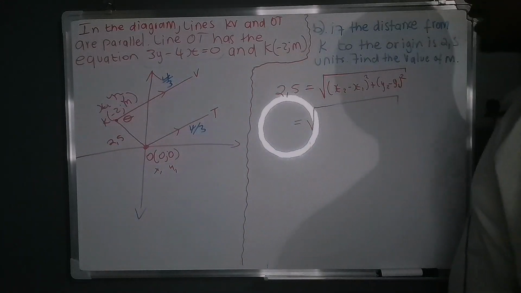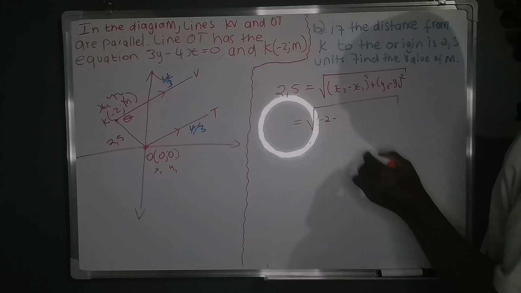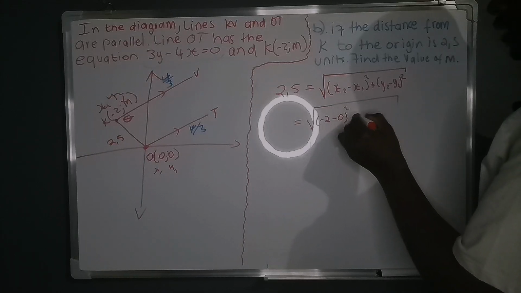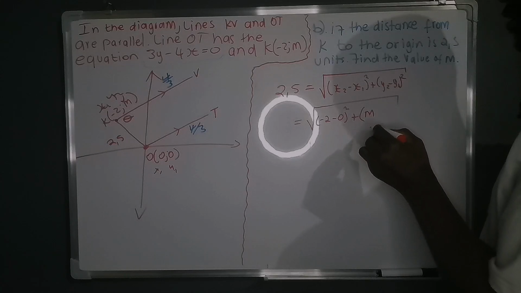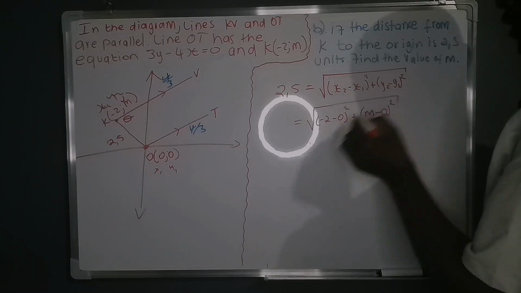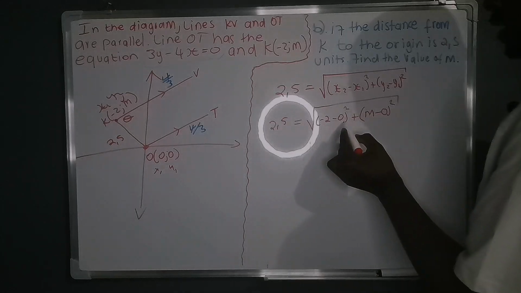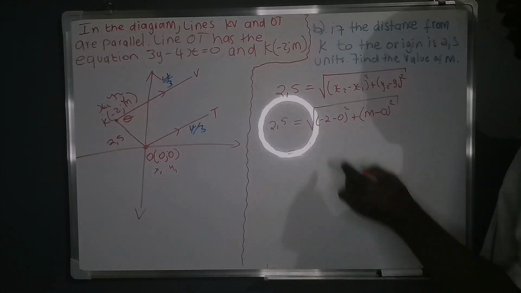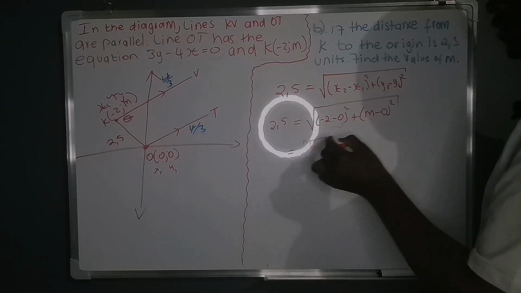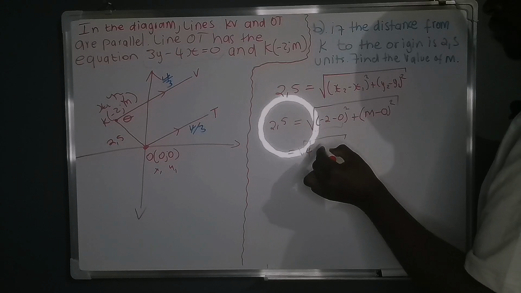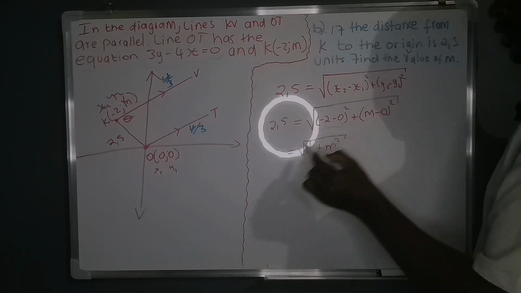Here x2 is -2, x1 is 0, squared, plus y2 is m, y1 is 0, squared. Then -2 minus 0 is -2, and -2 squared is 4. Plus m minus 0, which is m squared.